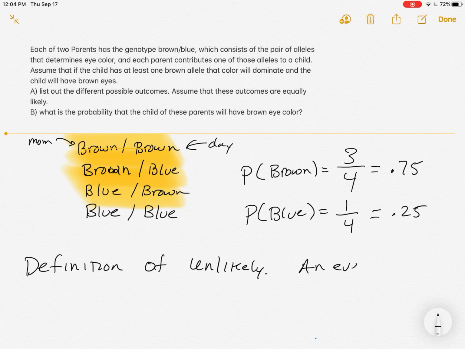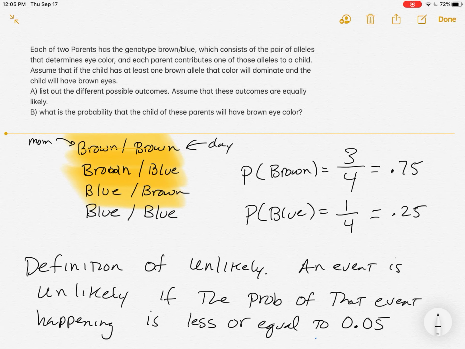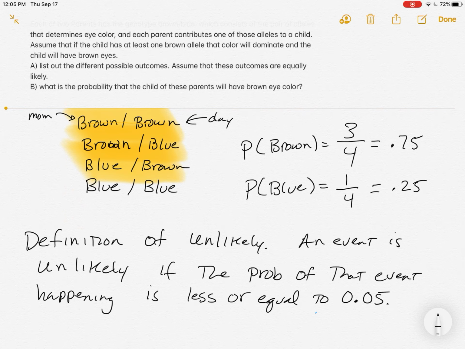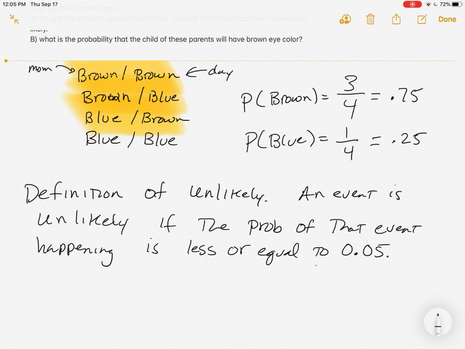An event is unlikely if the probability of that event happening is less than, and our book puts or equal to, 0.05. So if it has less than a 5% chance of happening. If you were involved in chapter 1 in the very first section, they use that to tell whether events were significant or not.